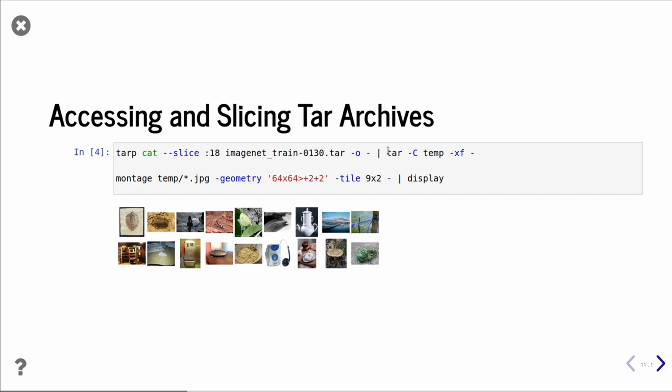Then we pipe this to the regular Unix tar command and extract them in the temp directory. Then we use the ImageMagick montage command to create a little grid of thumbnails consisting of the images inside the original tar archive. So that's the result. These are the first 18 images from ImageNet.